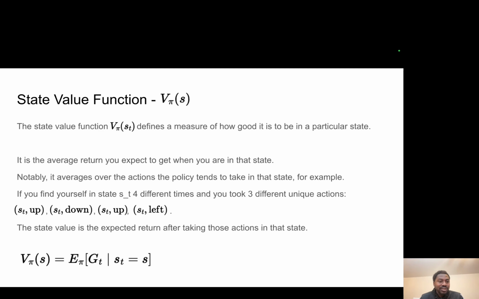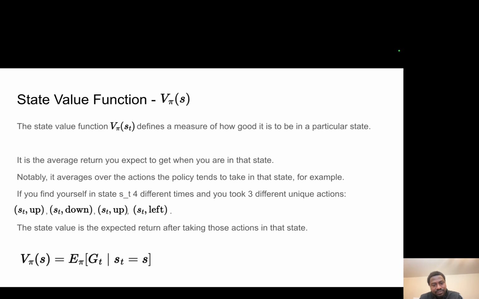So this is the whole concept of state value, and the state value function gives you that value. It's the average return you expect to get when you're in a particular state. Notably, it averages over the actions that the policy tends to take in that state.